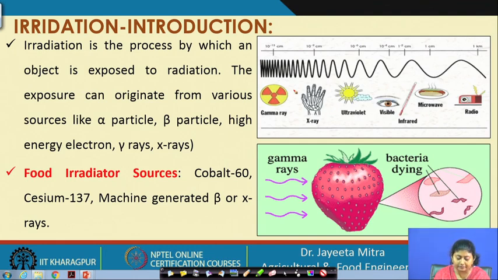And for food systems, there are certain specified sources which are used for this kind of irradiation treatment, such as cobalt 60, then cesium 137, okay, machine generated beta or X-ray. So, when these rays fall on any food surface, because of their ionizing radiation effect, they kill the bacteria.